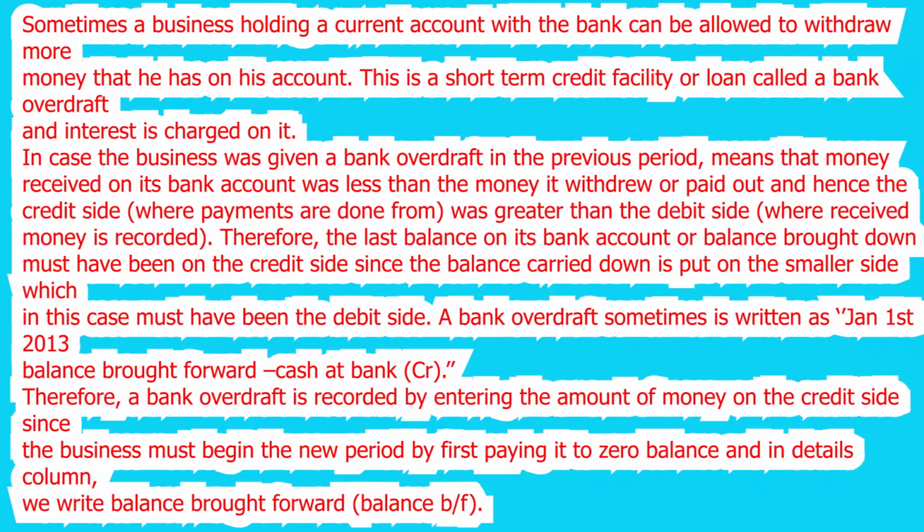Therefore, a bank overdraft is recorded by entering the amount of money on the credit side, since the business must begin the new period by first paying it to zero balance, and in the details column we write balance brought forward, which is balance b/f.